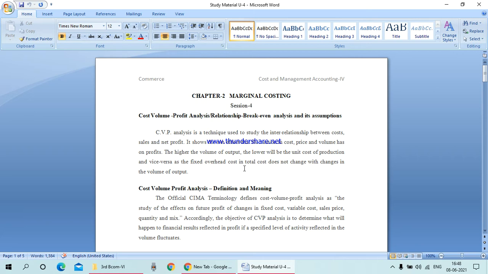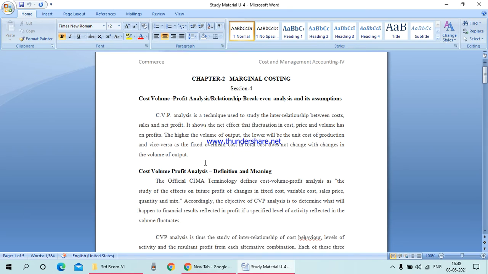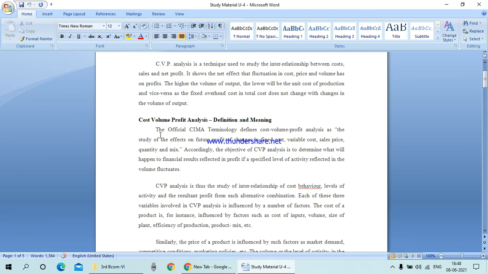Fixed overhead cost in total cost does not change with the changes in the volume of output. See, in our marginal costing, fixed cost remains fixed and it does not change with the change in the volume of output. Now, cost volume profit analysis, definition and meaning.